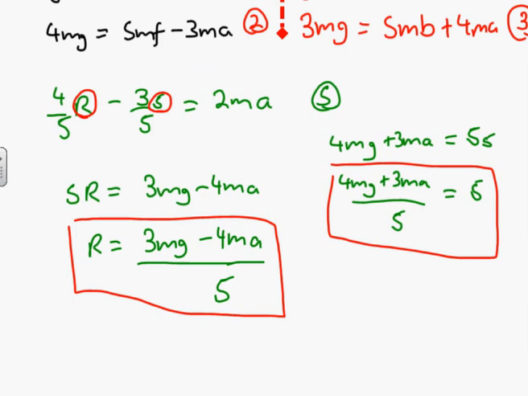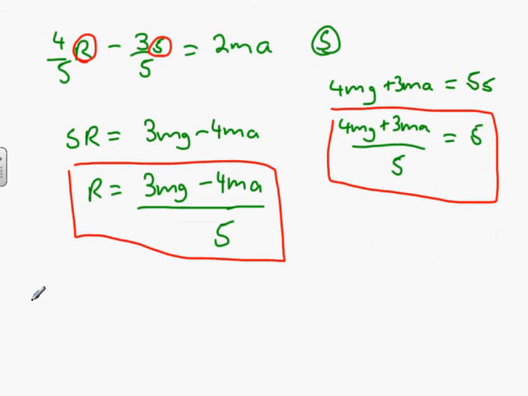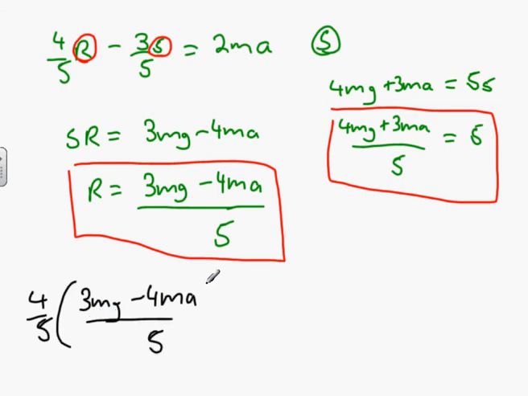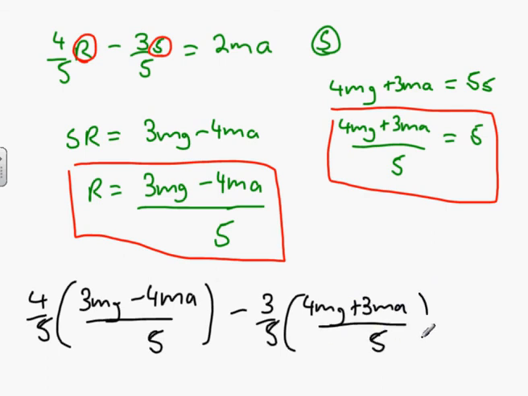So, 4 over 5 multiplied by 3mg minus 4ma all over 5, minus 3 over 5 multiplied by 4mg plus 3ma all over 5, equals 2ma.